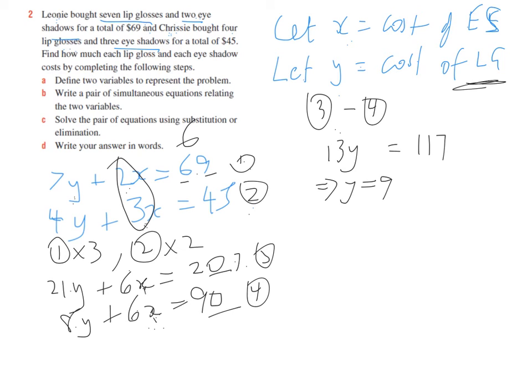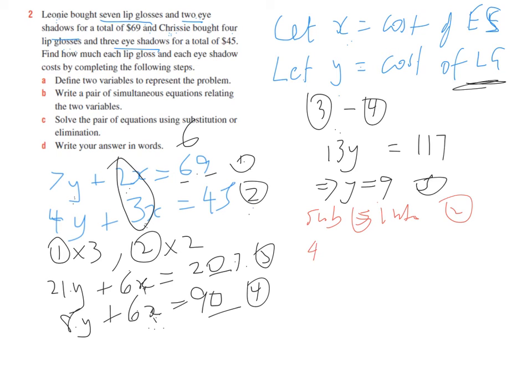Now that we've got that, let's call that equation number 5. And let's substitute 5 into, what are we substituting? Let's substitute into 2. Makes it a bit easier to work with.